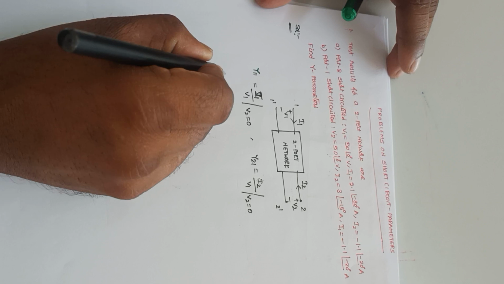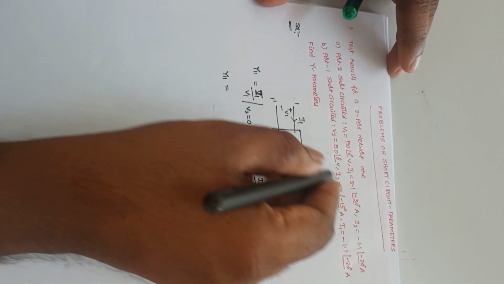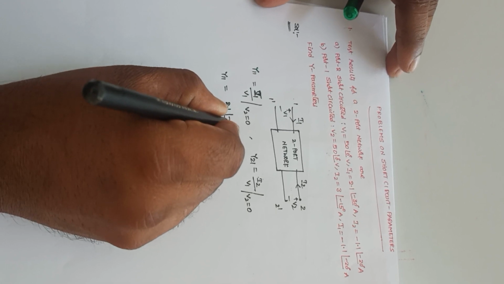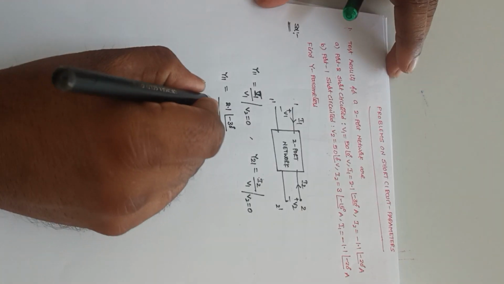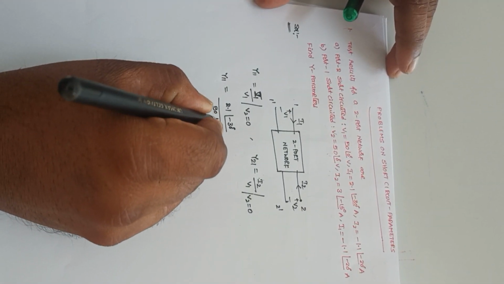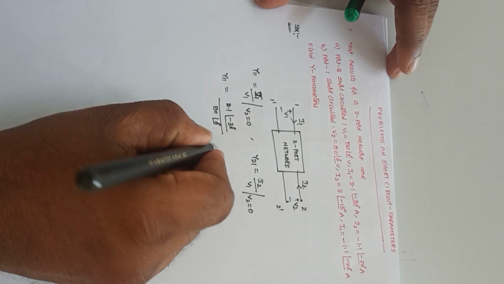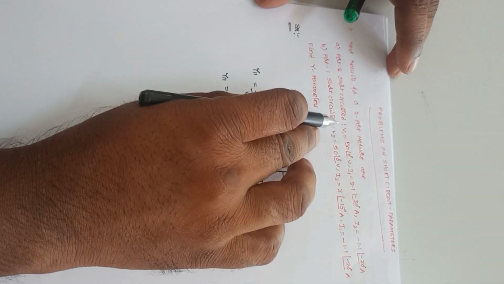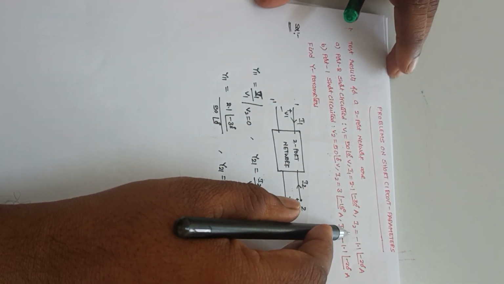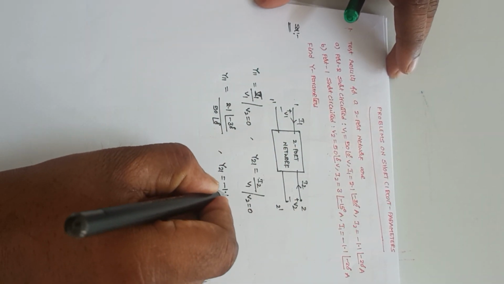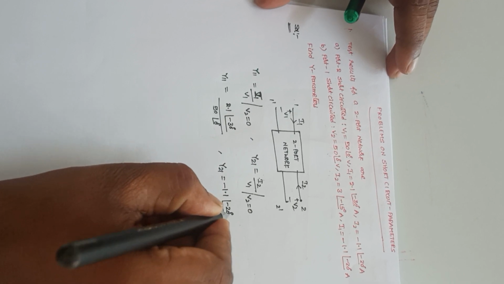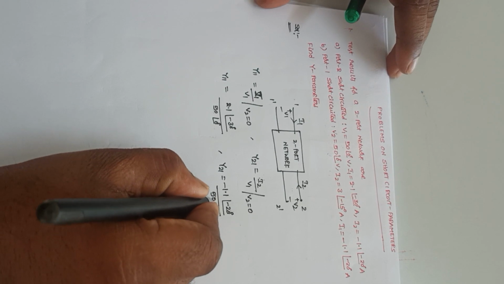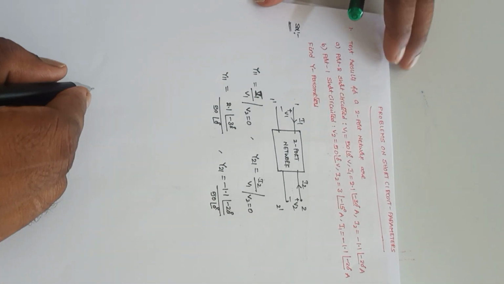So I can calculate this Y11 as I1, which is 2.1 at an angle minus 30 degrees, divided by V1, which is 50 at an angle 0 degrees. Next, Y21 is equal to I2, whenever V2 is 0, this I2 is minus 1.1 at an angle minus 20 degrees, divided by V1, which is 50 at an angle 0 degrees.